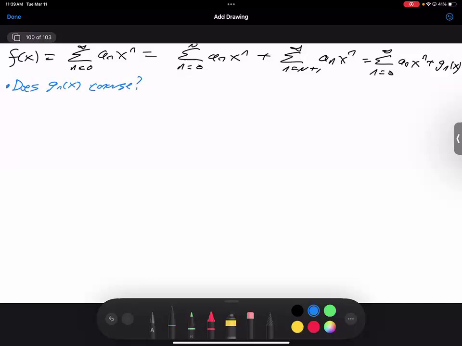Shouldn't it converge? It's just the tail. We start off with f of x as a convergent series. This is the series from before. Yes, so long as the absolute value of x is less than r, the radius of convergence. So as long as we stay within the radius of convergence, the series G_N of x converges. Oh, and that should probably be a capital N, not a lowercase n.